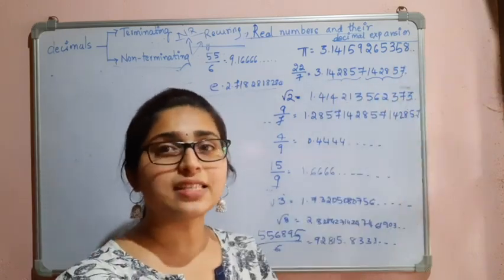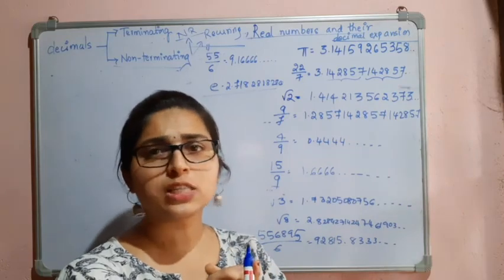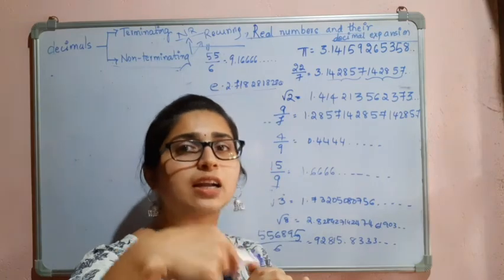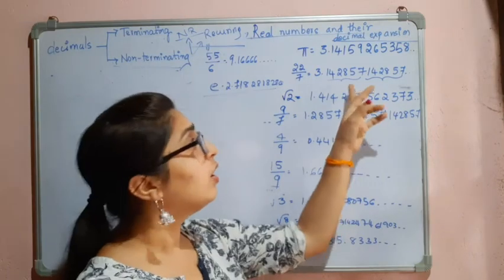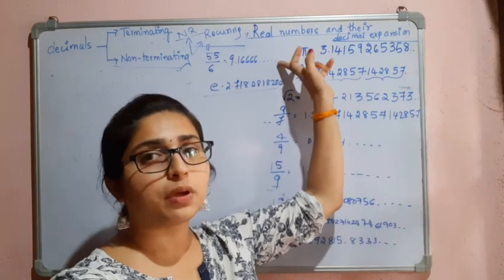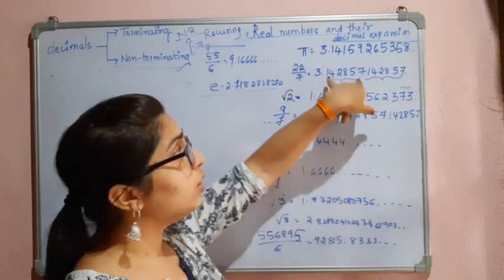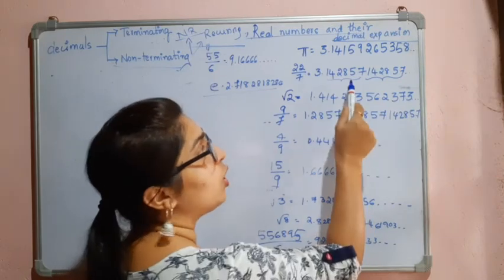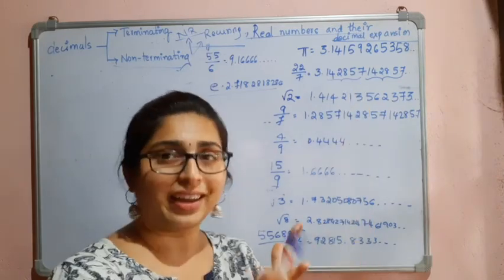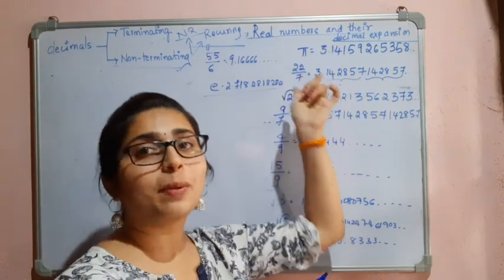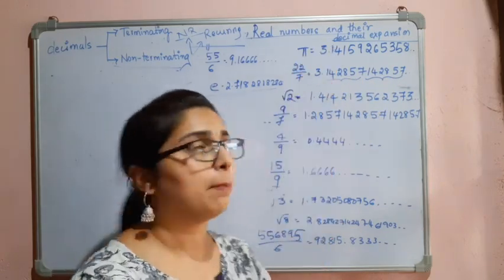So it is not terminating, obviously, because your remainders are continuously reoccurring. After 7, once again you have the same remainder as earlier. So there is a string of digits repeating. So it is non-terminating but recurring. So that is a rational number. So 22 by 7 is a rational number.